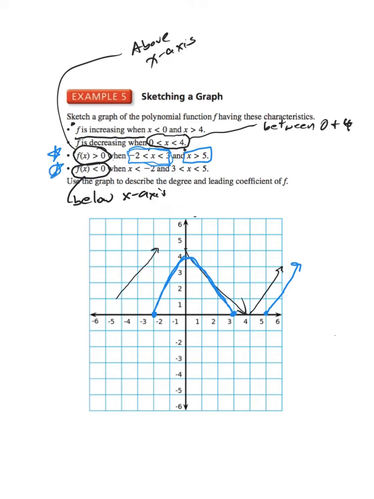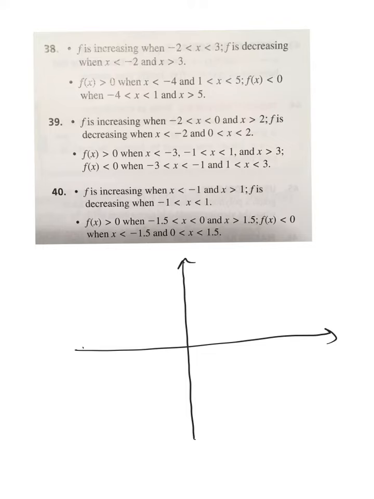Clearly, this is one of those things that you have to try a few times before it makes a little bit more sense. But let's go to, it looks like we have numbers between, let's just go 1, 2, 3, 4 in all these directions. And let's work. So the first part is going to talk about the increasing and decreasing areas.